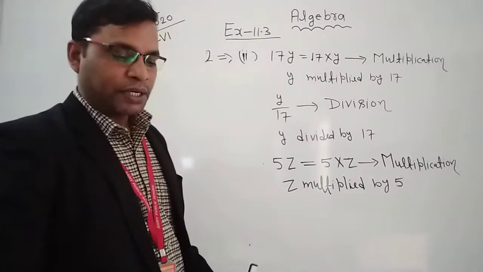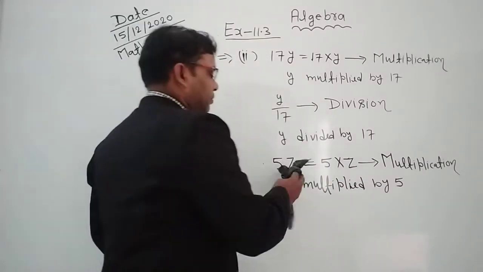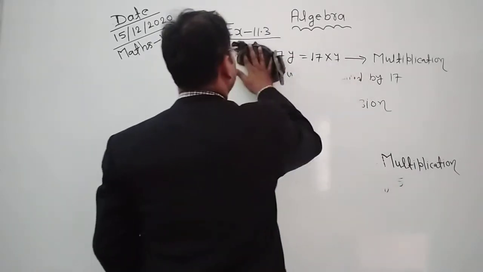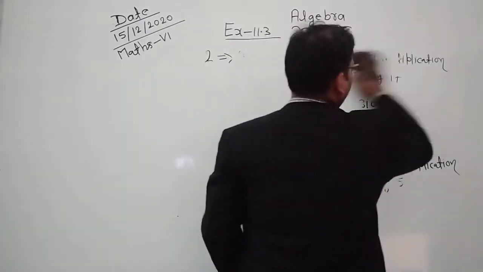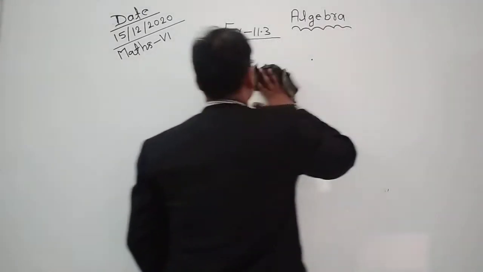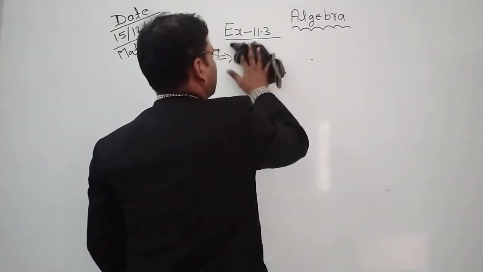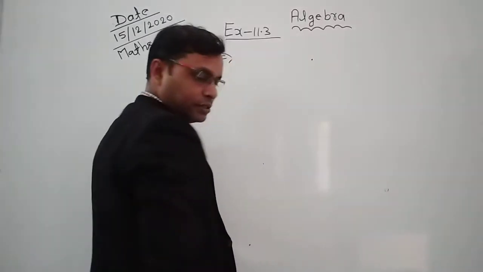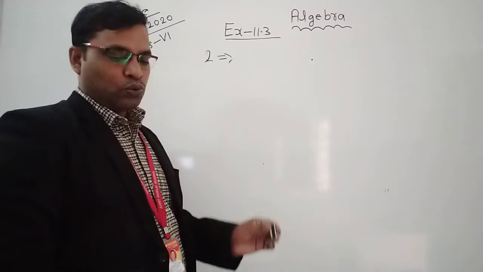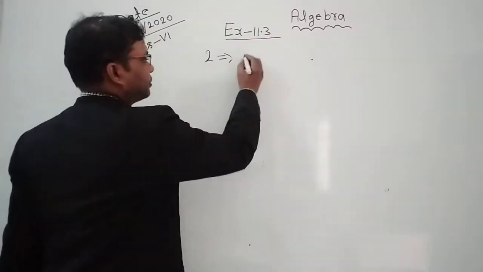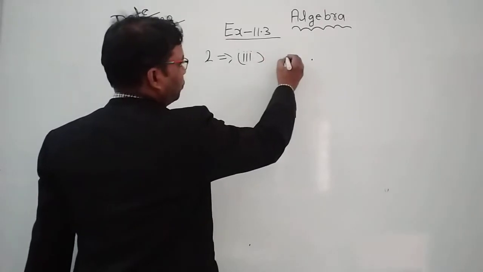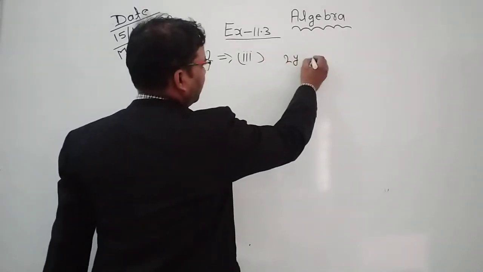Now the next part, the third part of question number 2, is 2y plus 17.